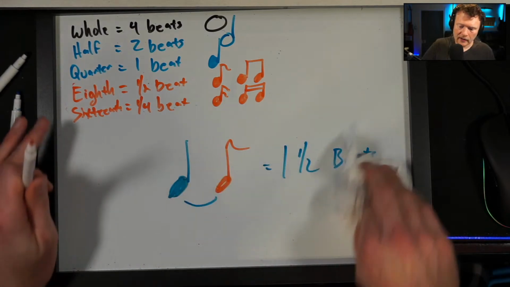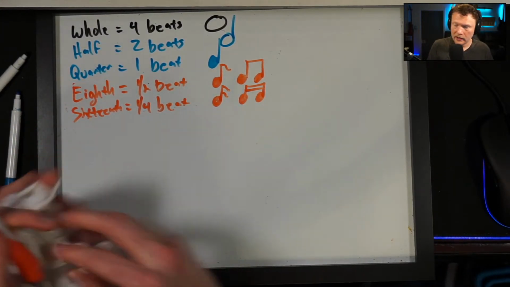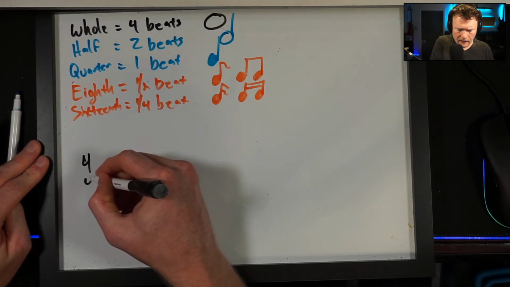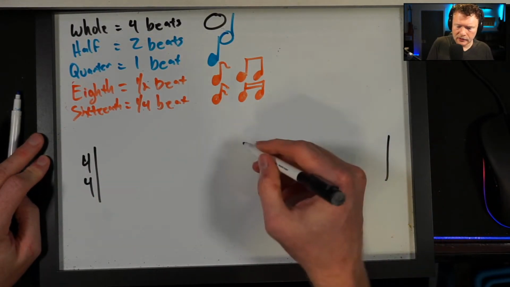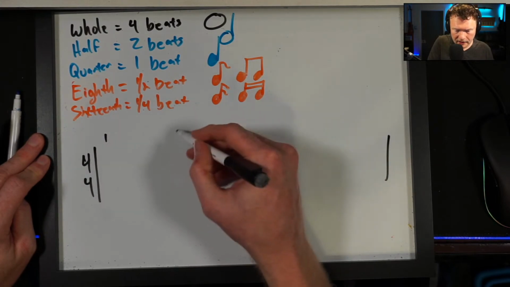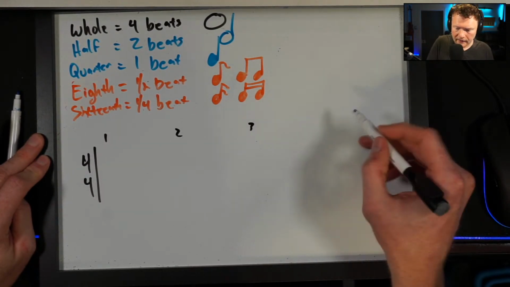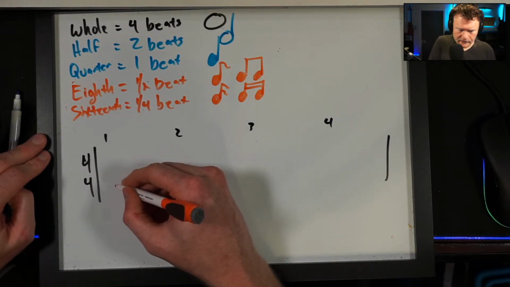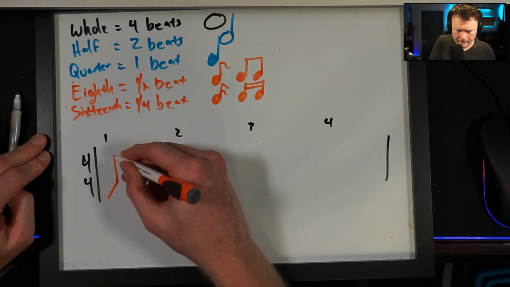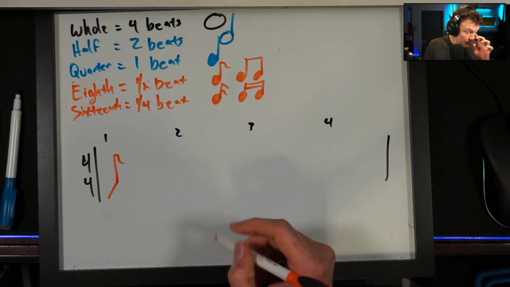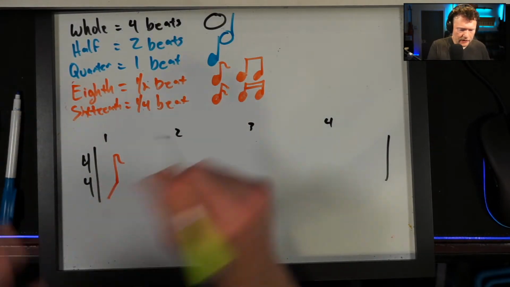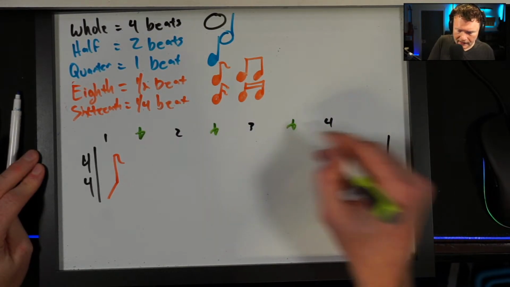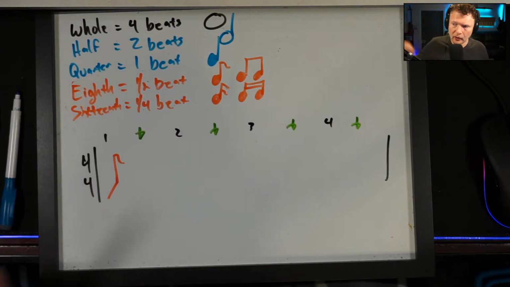Now, here's a great example of why you would want to write a tie. Again, we're in 4/4, and let me try to write this out. So we have our beat 1, 2, 3, 4. I'm going to write out our ands here, so there's our invisible and of each pulse, each beat.